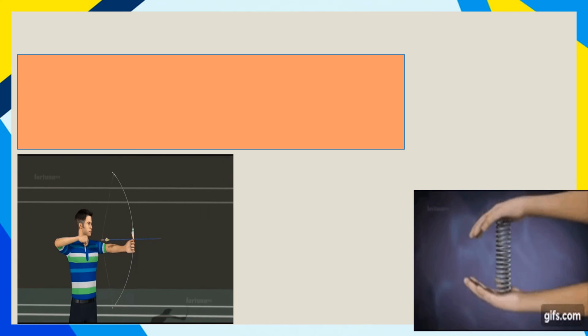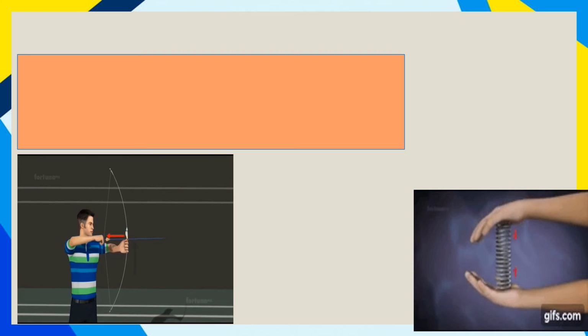Here, you see a spring being compressed with both the hands. Once you let it loose, it will go back to its own position and it will exert a force onto your hand. So what we are doing here is compressing the spring. In the other example, we have a bow and an arrow.